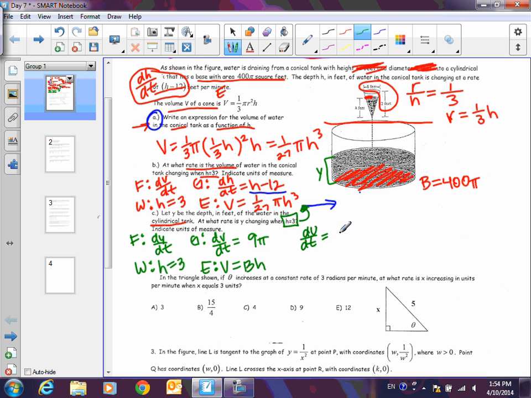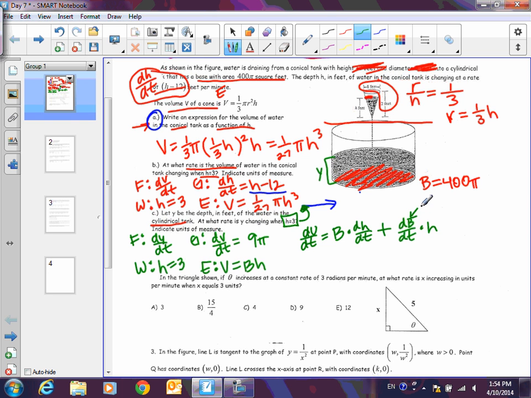And I want to make sure that everybody's good with product rule, even though it's a little unnecessary on this one. Okay, so we do the first one times the derivative of the second one, plus the derivative of the first one times just the second one. All right, now, what's dB over dt? If this thing's not changing, 0.